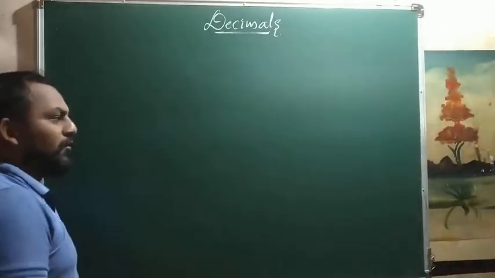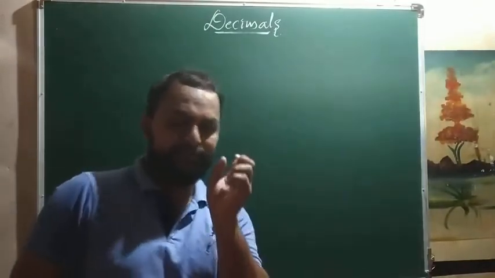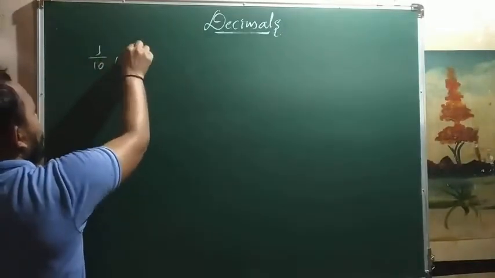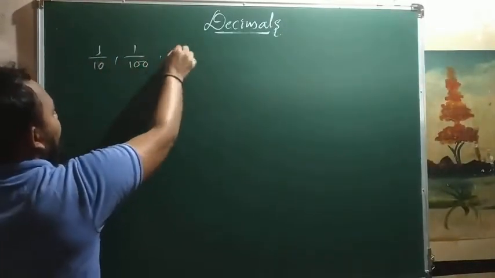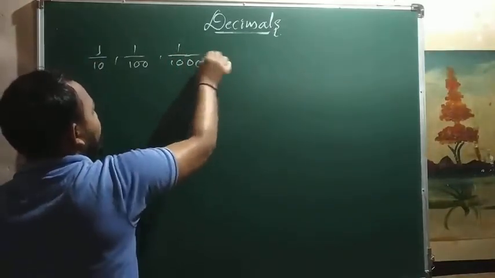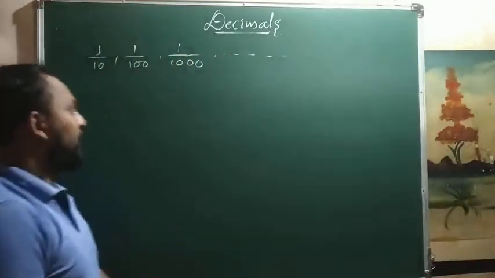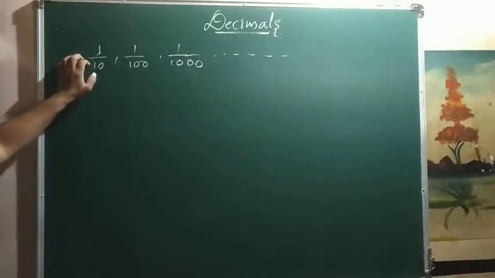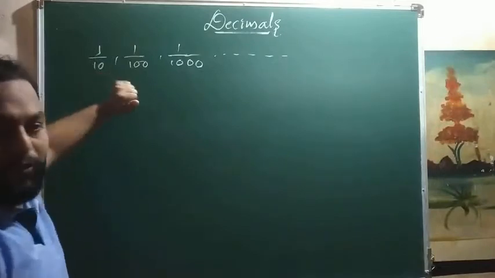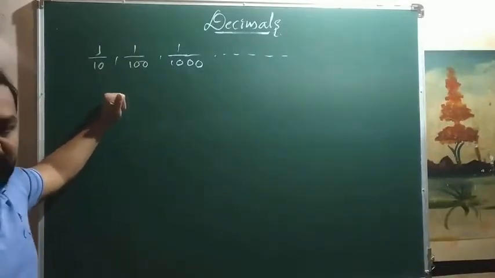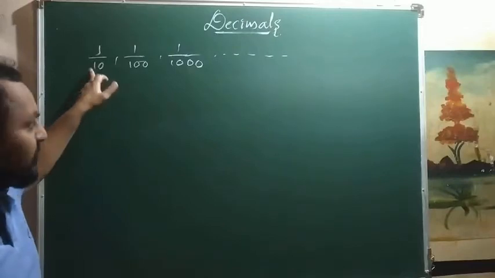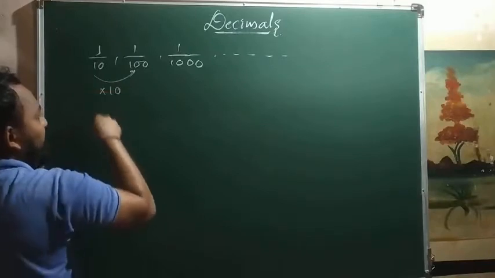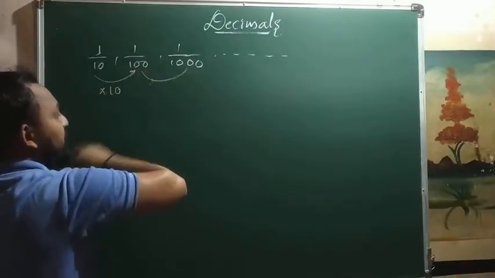The decimal fractions contain a numerator and denominator. The denominator of each fraction is a multiple of 10. 10 ones are 10, 10 tens are 100, multiplied by 1000 gives 1000.